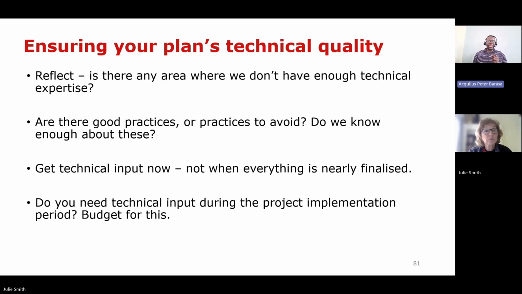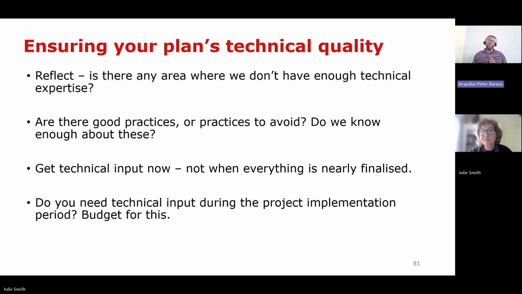Are there any things that you or your partner do not have expertise in? You want specific technical input now. What is good practice? What are things to avoid? Do we know enough about this to be able to plan and budget and have a good approach? So get the technical input now.